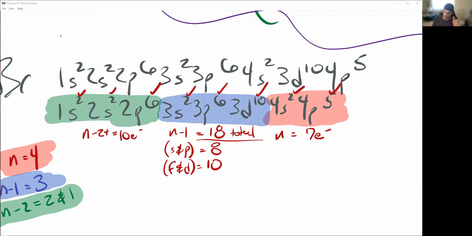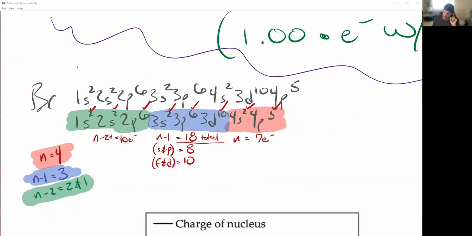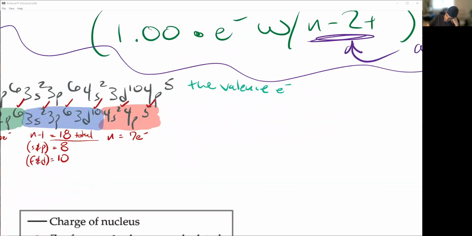So here's the rub before we actually do these calculations. Something to consider: the valence electron in question cannot screen itself.